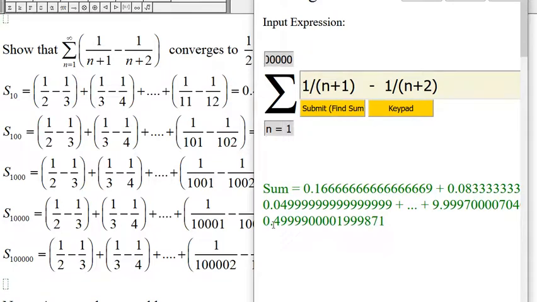For the first 100,000 terms, we get 0.49999.